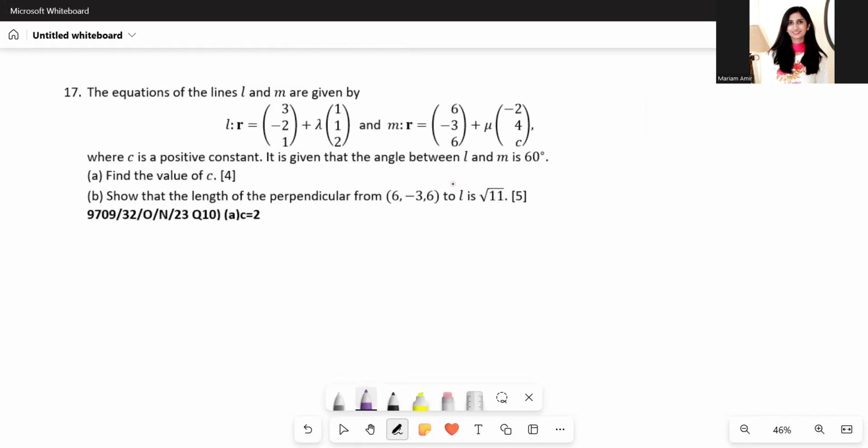All right, so if the angle is 60°, we're going to write cos 60 equals the dot product of the direction vectors of both of these.